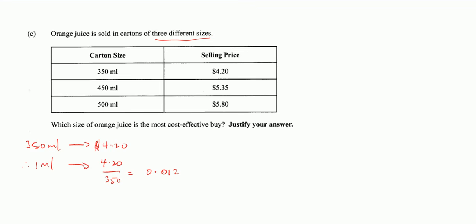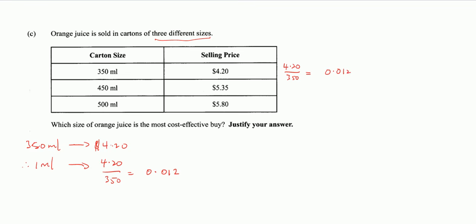In the case of the 450, alright, so the first one was 4.2 divided by 350. Alright, and we got 0.012.